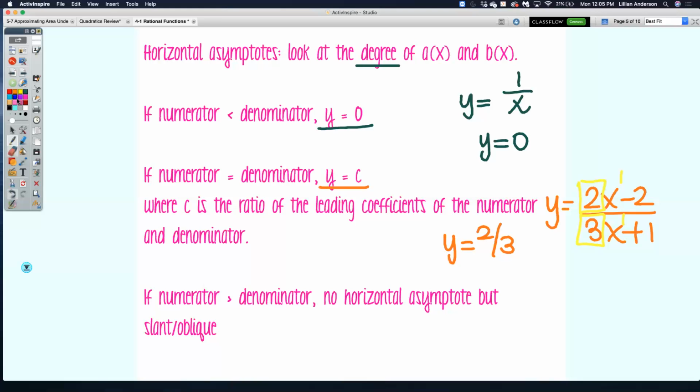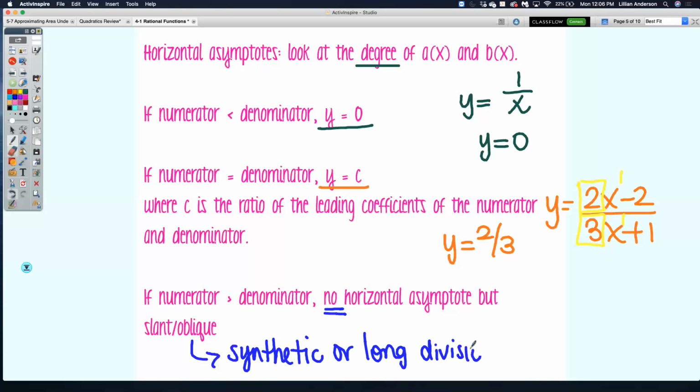If the numerator is greater than the denominator, again, we're talking about the degree, the exponent, that power of your top and your bottom, there is no horizontal asymptote, but it's slant or oblique. To find those, you would have to use synthetic division or long division, which we will talk about in the next class.